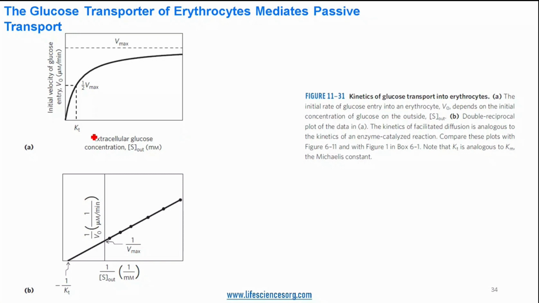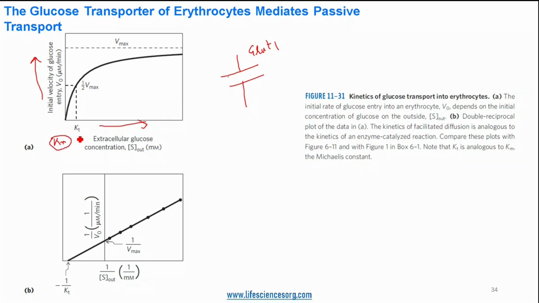For example, this GLUT transporter has to transport glucose inside. As we keep increasing the concentration of glucose, more and more molecules will be passing through this GLUT1 transporter. And like in the Michaelis-Menten equation, like in enzyme kinetics, where we talk about the Km value, Km is the Michaelis constant.